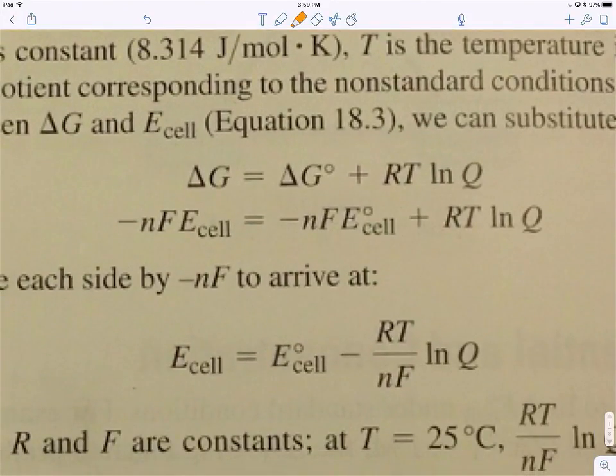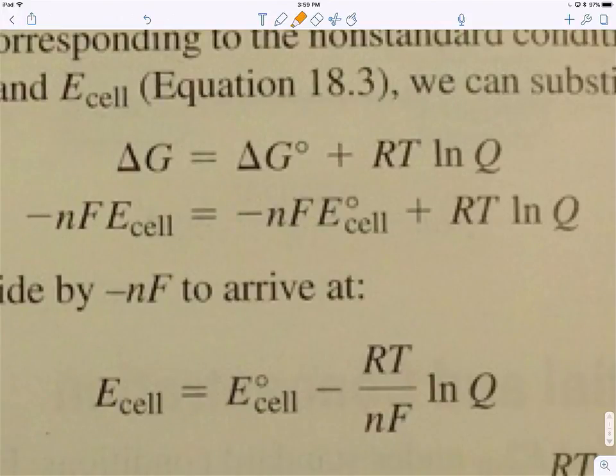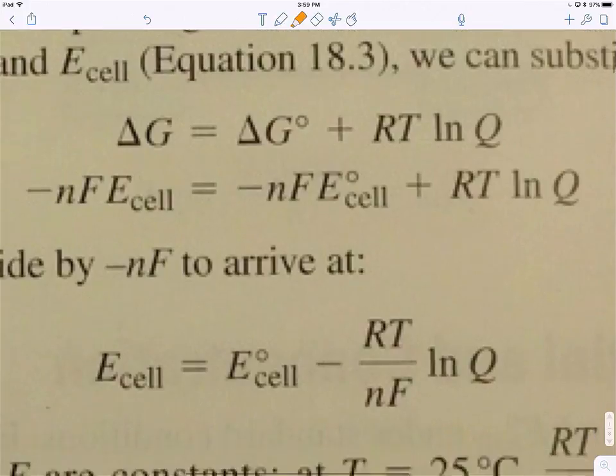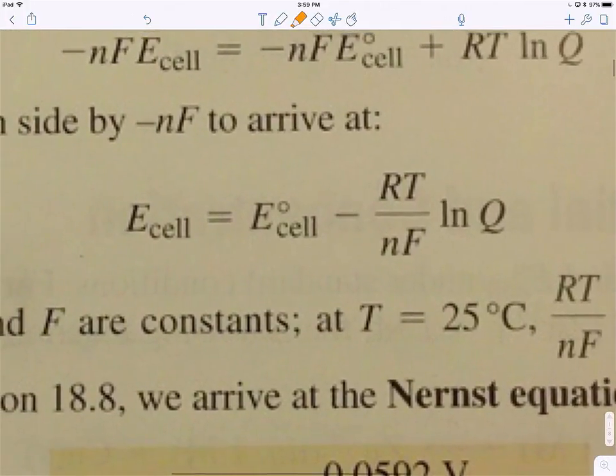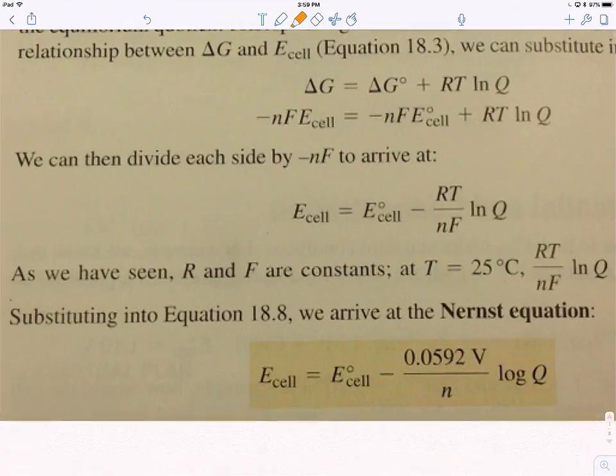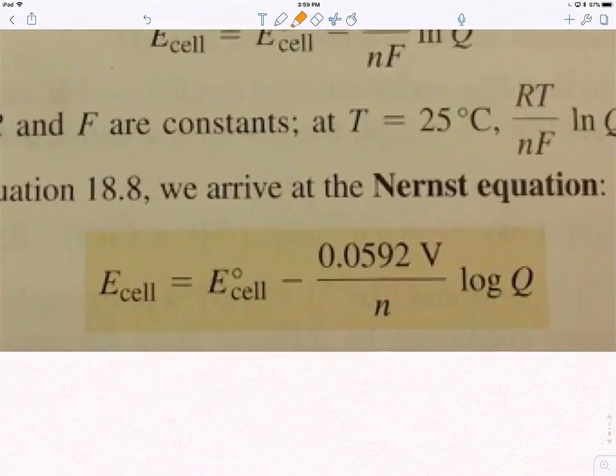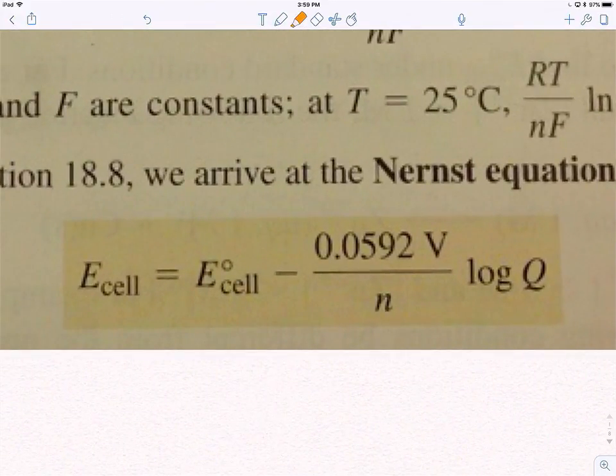Substituting here, delta G is minus nFE cell. The 0 means standard, so the standard Gibbs free energy plus RT ln Q stays the same. You can divide both sides by minus nF, and then include the 25 degrees Celsius and Faraday's constant. You get this equation here.